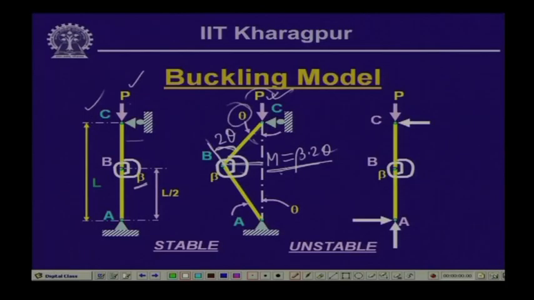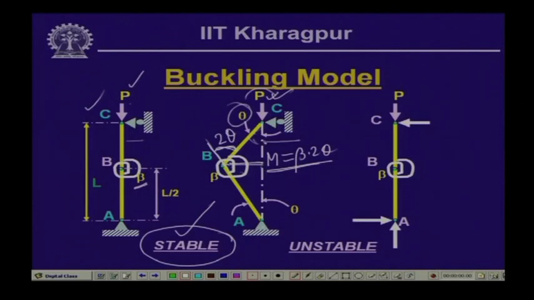Now, in this particular state, if we remove the disturbance, it will come back to its original position. So that particular configuration, where after removal of the disturbance it comes back to its original position, we call a stable state.